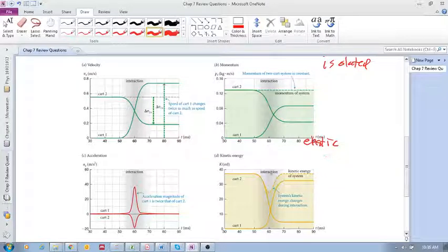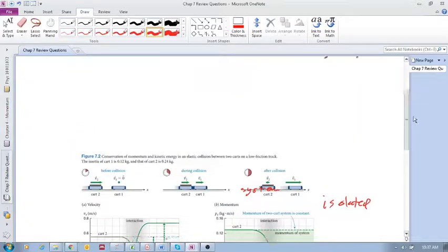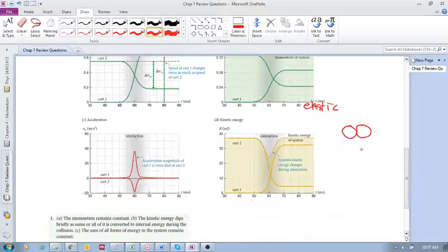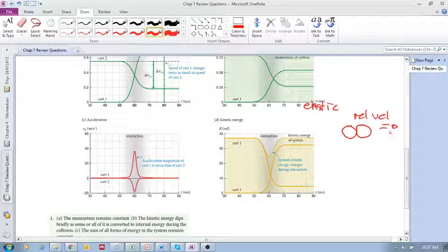But during the actual interaction, there is a point where those two, what are they called? Pool balls. Their relative velocity is zero. Okay? So when their relative velocity is zero, that means that their kinetic energy has dipped. But what has increased is your potential energy during this time.